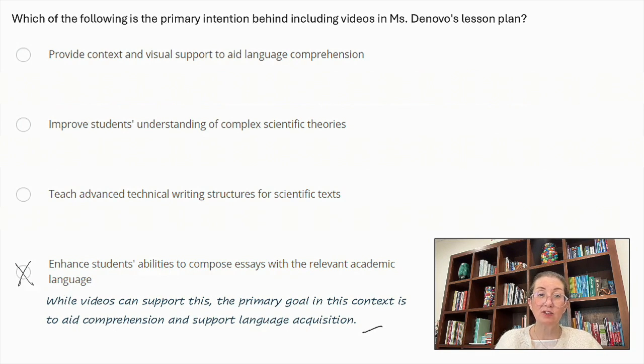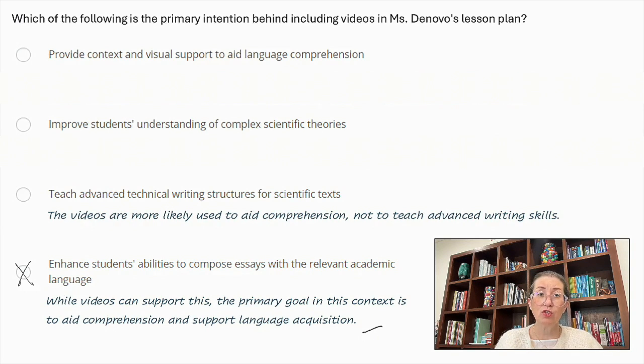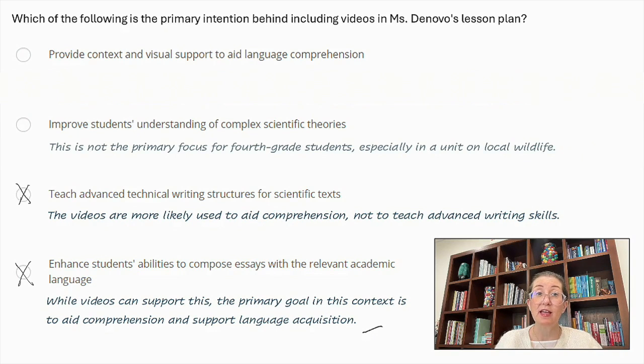Teach advanced technical writing structures for scientific texts. The videos are more likely used to aid comprehension, not to teach advanced writing skills. So this is incorrect as well. Improve students' understanding of complex scientific theories. This is not the primary focus for fourth grade students, especially in a unit on local wildlife.